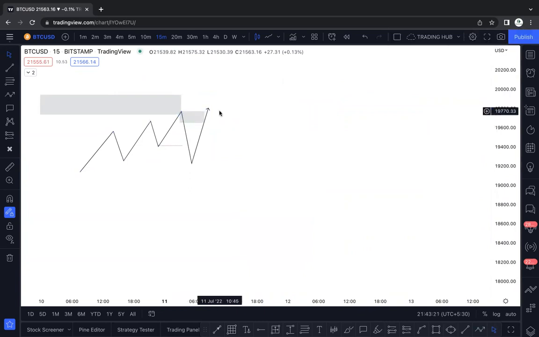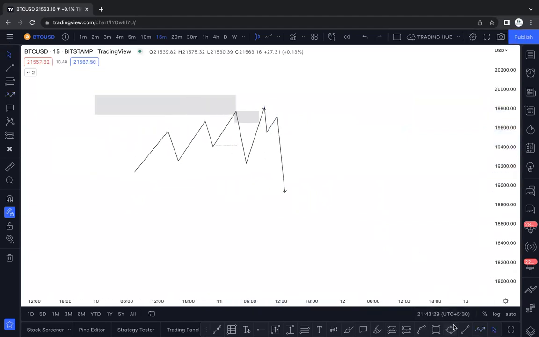This may be an order block. Once it takes out this order block, you can continue to sell, and this will also be a high probability entry, and you can take multiple sells here.